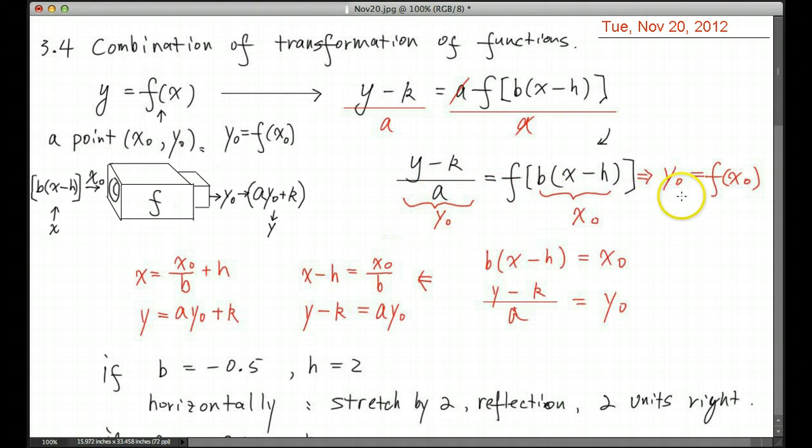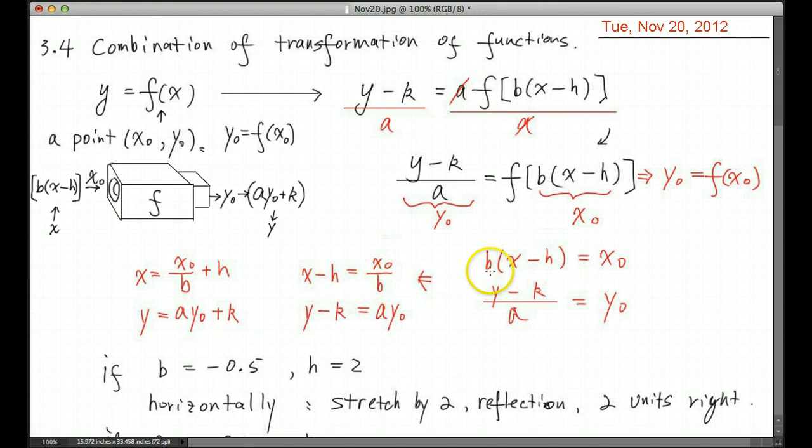So compared to the original function, if this equals x0, we can simply write b(x minus h) equals x0, and this part has to be y0. Then we just work backwards to isolate x.